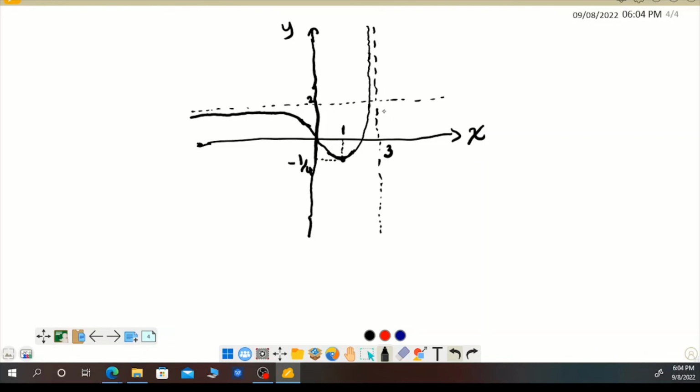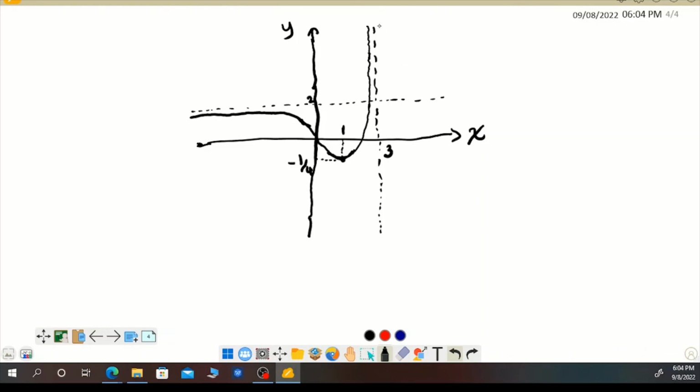Also, we have to complete the graph on the right side of the asymptote. To draw that, I have to find whether it is a negative or a positive value. If I substitute a value greater than 3 into the function, I can tell whether it is positive or negative. As you can see, it is a positive value.